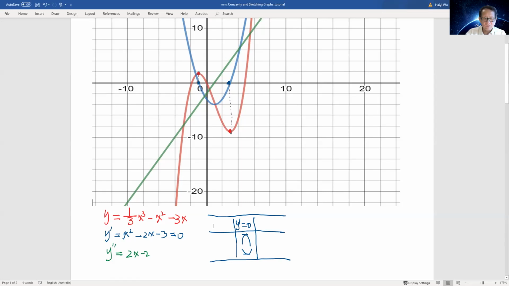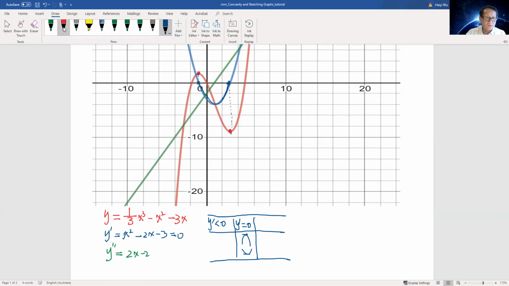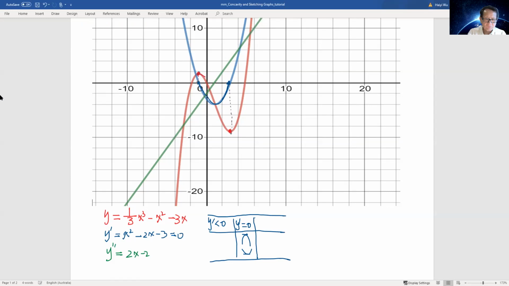Now let's have a look at when the first derivative is less than 0. Using my blue pen to trace this section, the first derivative is less than 0 because it is below the x-axis. When y dash is less than 0, in our original red graph, between that section, the graph goes from up downwards.